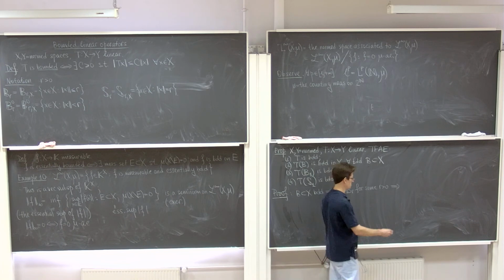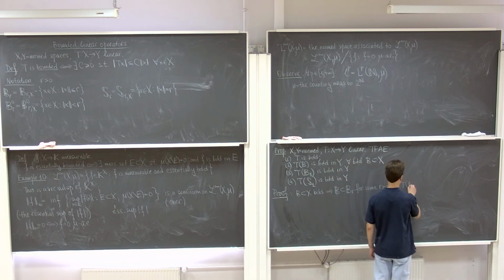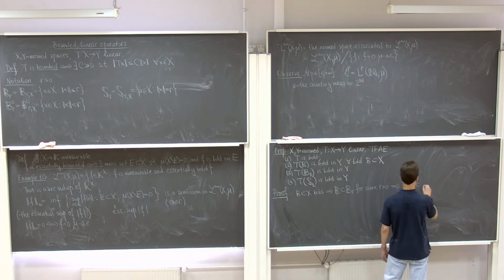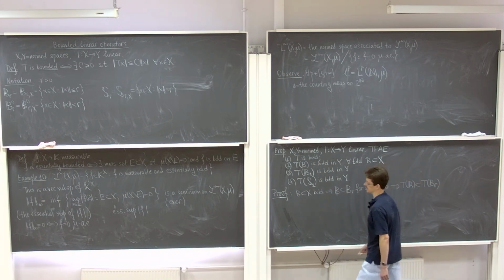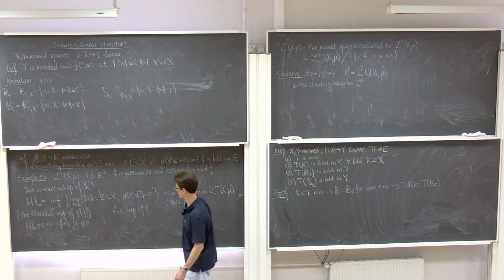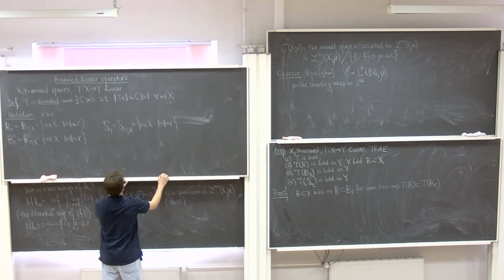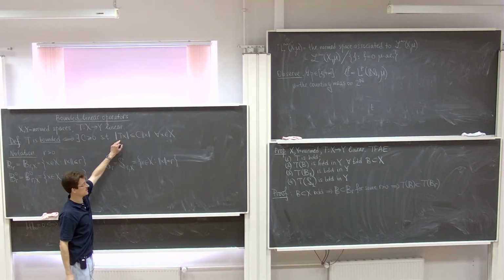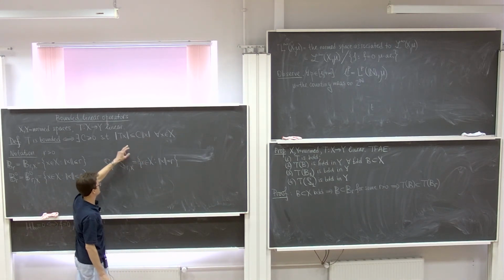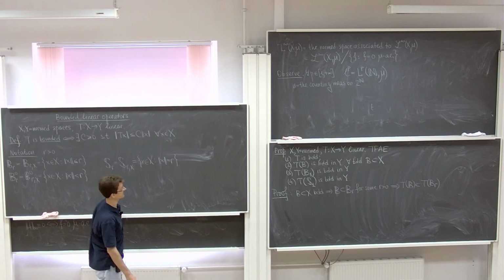And so the image of B is contained in the image of the ball of radius r. If we now look at the definition of a bounded operator, we easily see that the image of the ball of radius r is contained in the ball of radius Cr.